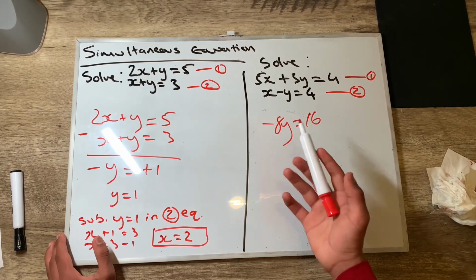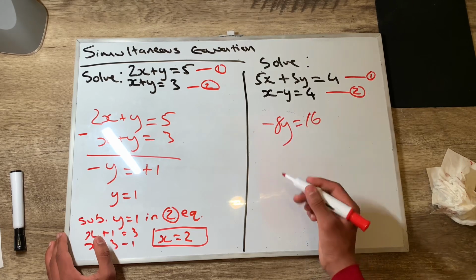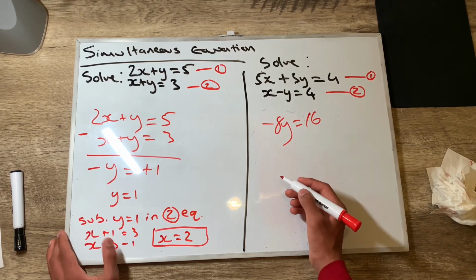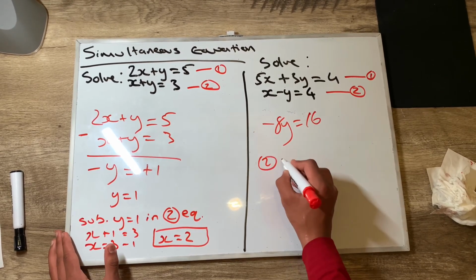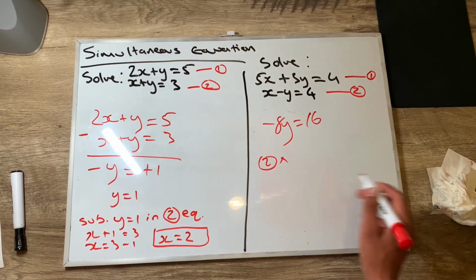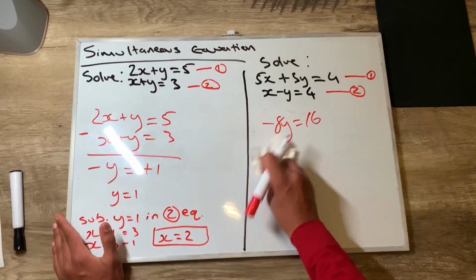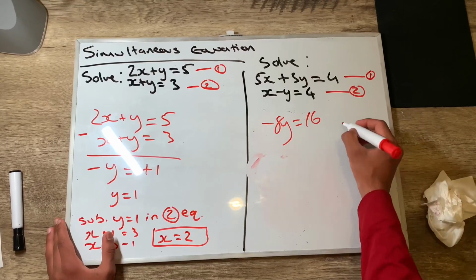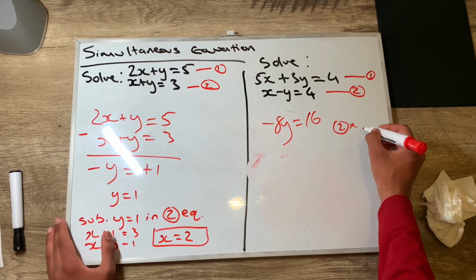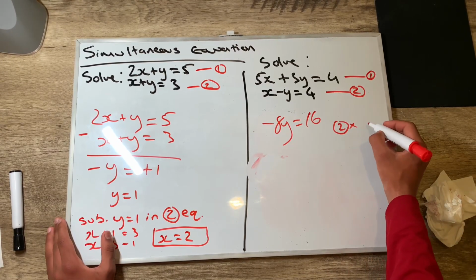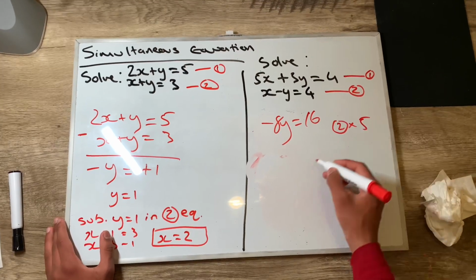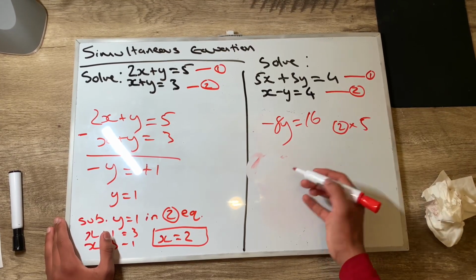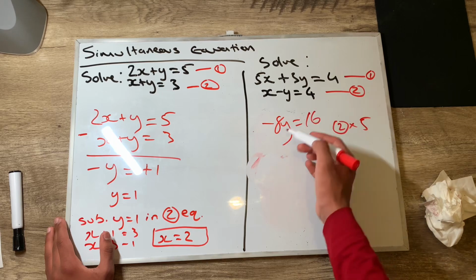You take the second equation and times it by 5, and you should get minus 8y equals 16.